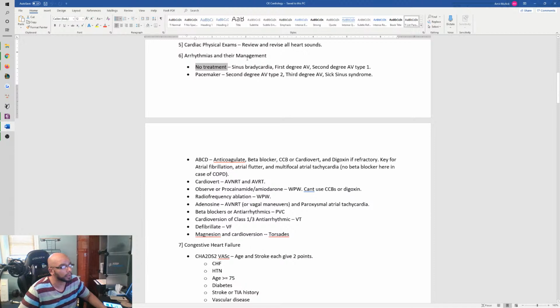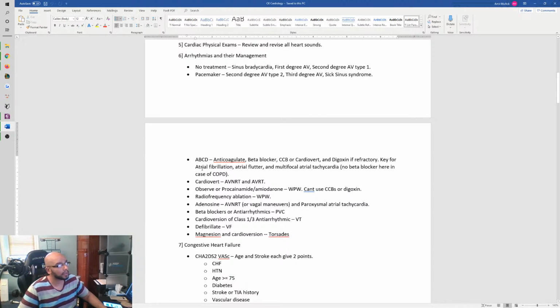So the no treatment things were sinus bradycardia, someone with first degree AV block, and second degree type 1, right? Those are things that don't necessarily require treatment unless it's getting really bad, if they're becoming very, very symptomatic. Then there's things that require pacemakers, such as second degree AV type 2, third degree AV block, and someone with sick sinus syndrome, so we'll look into what that is.